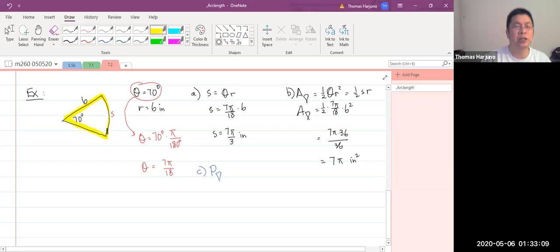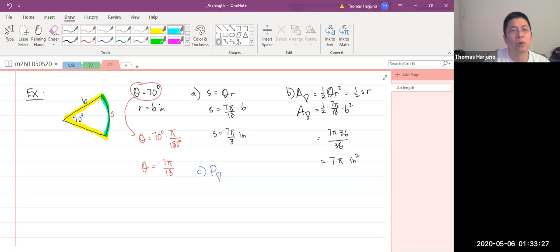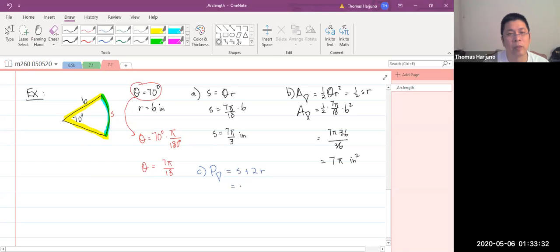Okay, so distinguish the arc length, which is only the crust of the pizza, only the crust of the pizza. Okay, the perimeter, you need to add to it twice the radius. So that will be the arc length plus twice the radius. That will be 7 pi over 3 plus 2 times 6. So 7 pi plus 36 over 3 inches.